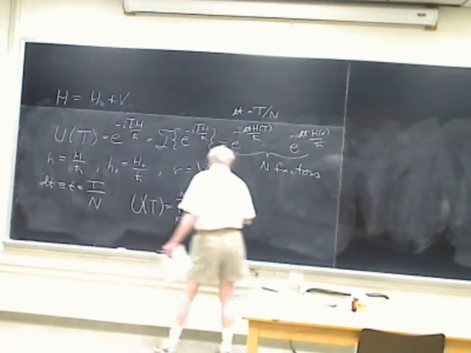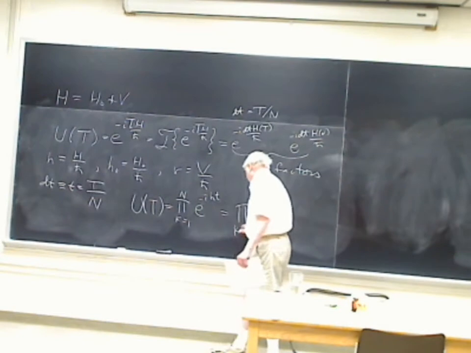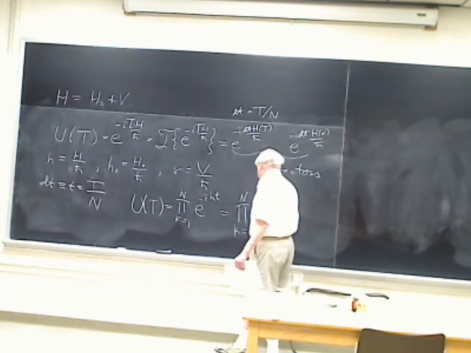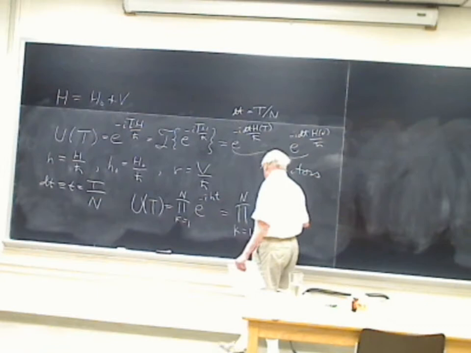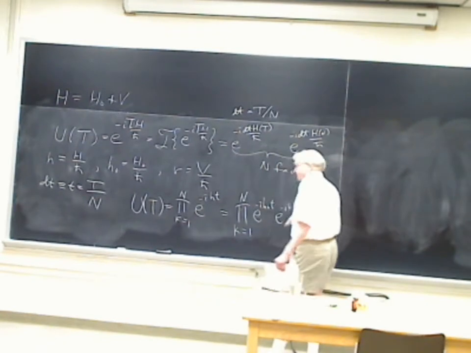And we can rewrite that as the product k equals 1 to n of e to the minus i (H0 plus V) t.